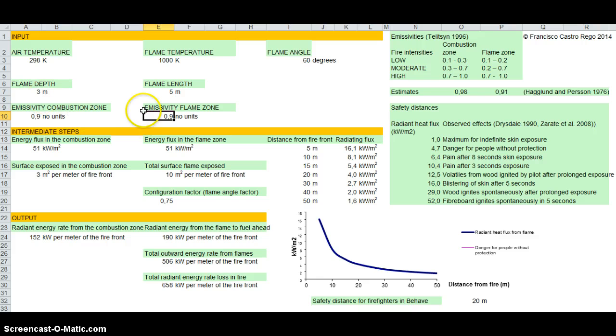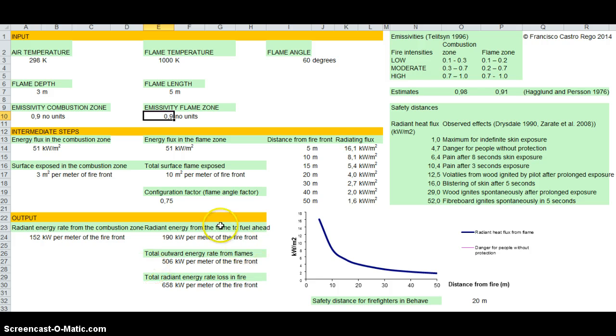So really intense fire, high flames, and a flame angle of 60 degrees. This is a good description of a high intensity fire. And so we have intermediate steps, energy fluxes from the various areas, and then you have this radiant energy rate from the combustion zone and from the flame to the fuel ahead.